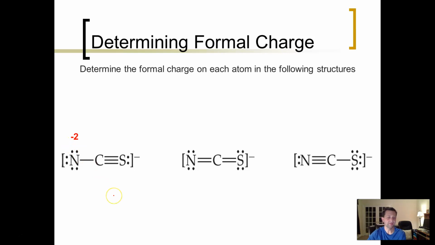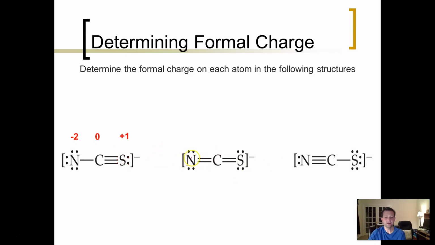So 5 minus 7 is -2. Carbon should have 4 minus 1, 2, 3, 4. So that gives us 0. Remember, carbon has 4 bonds on it. That's 8 electrons. Half of that is 4, so 4 minus 4 is 0. And then the sulfur should have 6. 6 minus 1, 2, 3, 4, 5 gives you a +1.